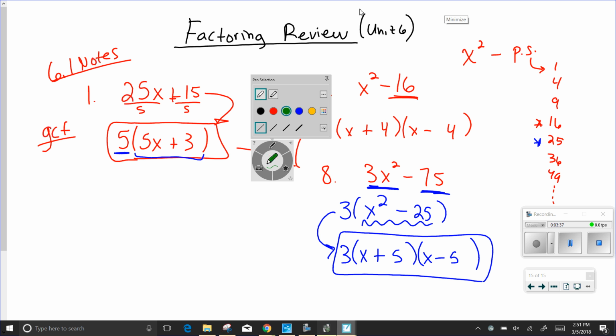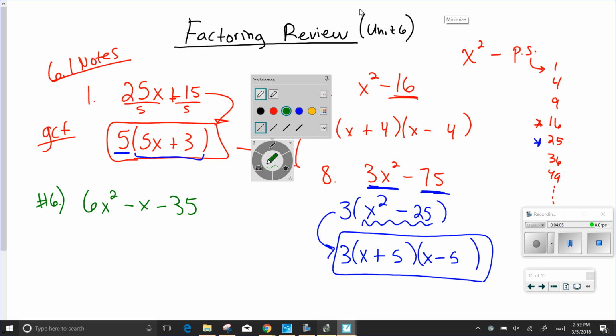So now let's take a look at problems where you have to factor a quadratic. Let's take a look at number 6. Number 6, we have 6x squared minus x minus 35. So you always look to see, is there a greatest common factor? Can I take it out from all of my terms? And we cannot.